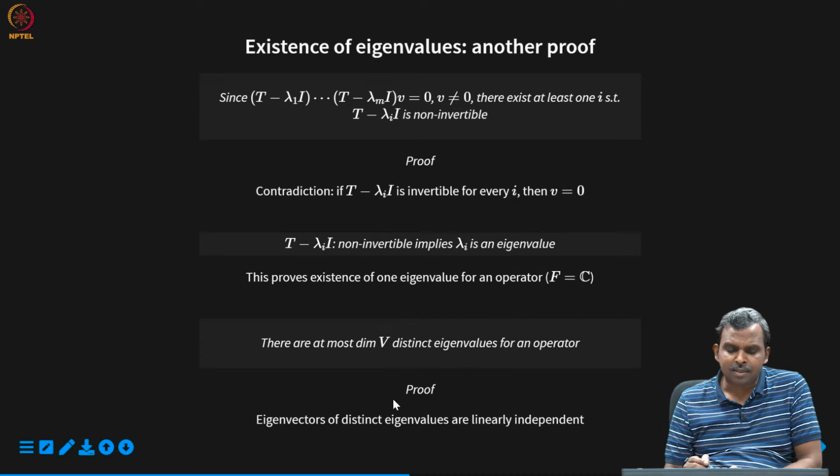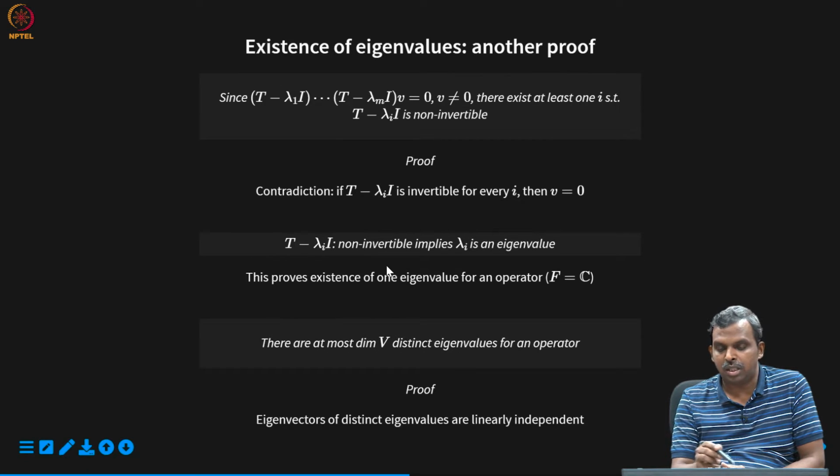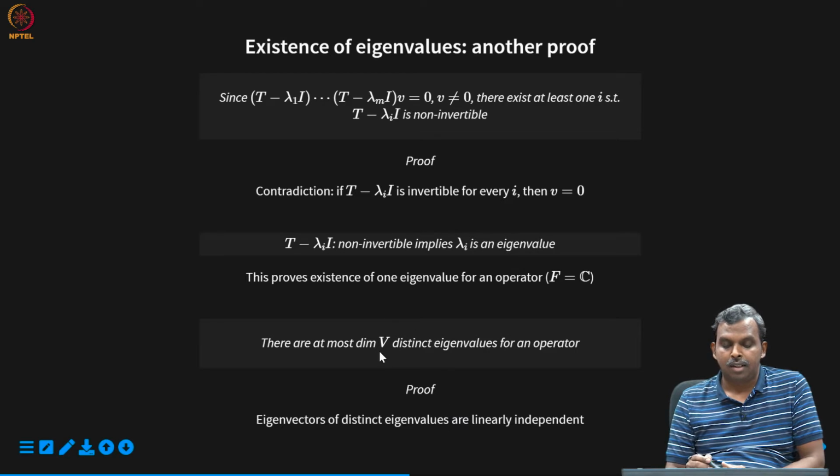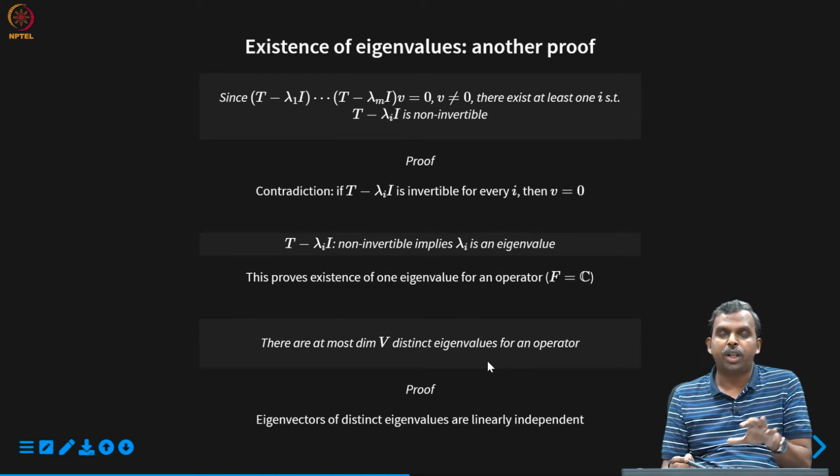So all these results do not really need determinants, right? One way of seeing this result is that the determinant of A minus lambda I gives you a polynomial of degree n, so it can have at most n roots, or exactly n complex roots. So you can say it will have exactly n complex eigenvalues, but using these kinds of arguments and the linear independence of eigenvectors, which doesn't need determinants, you can get these results.